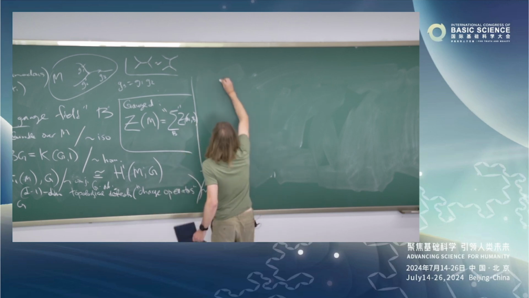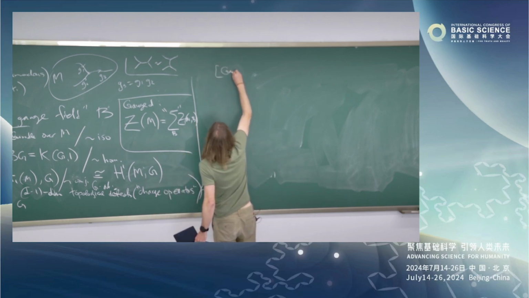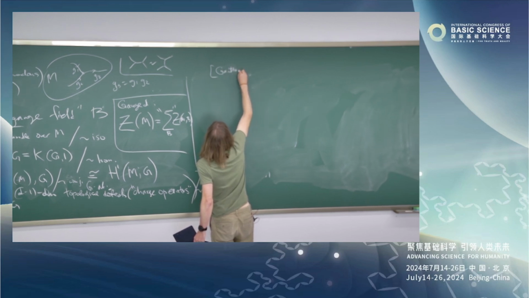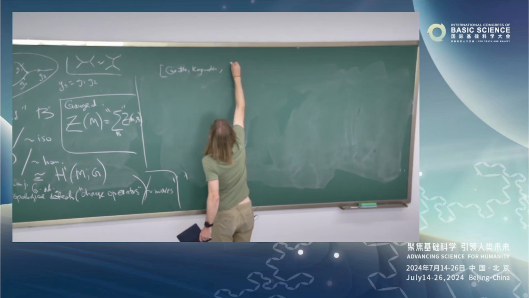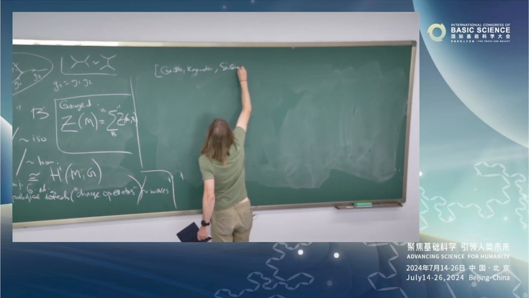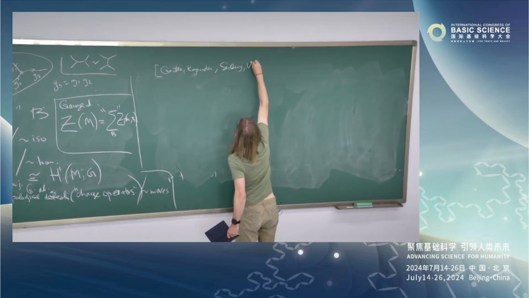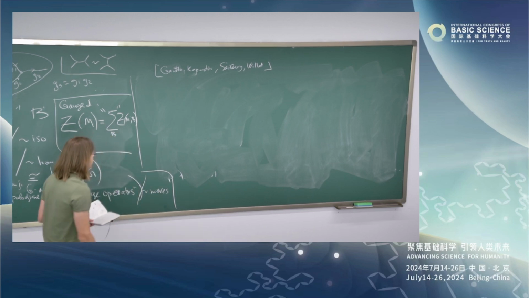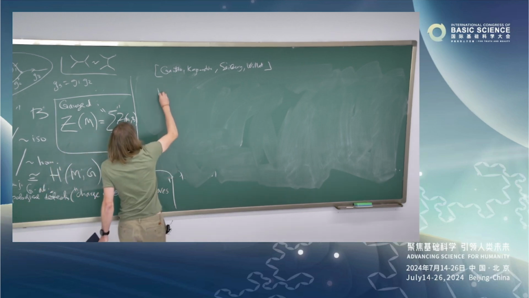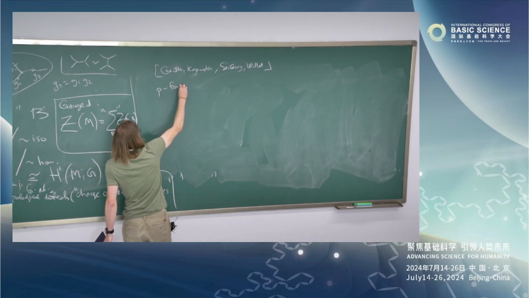In the paper by Gaiotto, Kapustin, Seiberg and Willett, the authors promoted the notion of p-form symmetries.